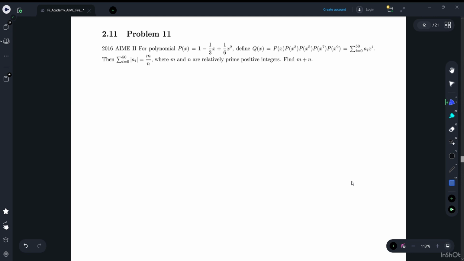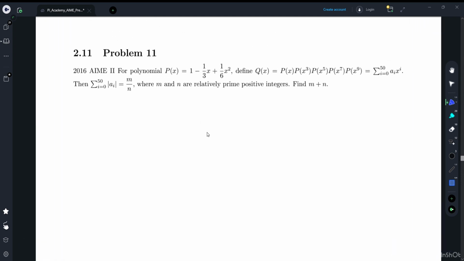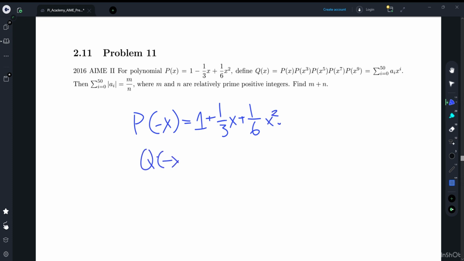Find m plus n. So we can start off by seeing that p(negative x) is equal to 1 plus 1/3 x plus 1/6 x squared. So q(negative x) is just going to be equal to p(negative x) times p(negative x cubed) and so on, which at the end of the day is also negative.